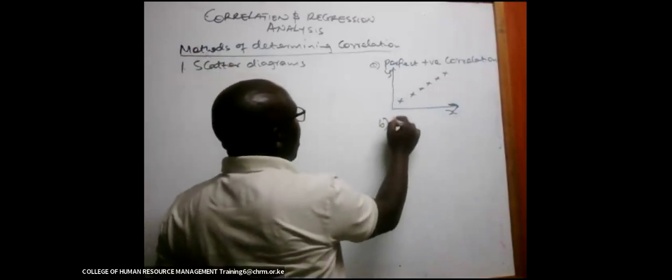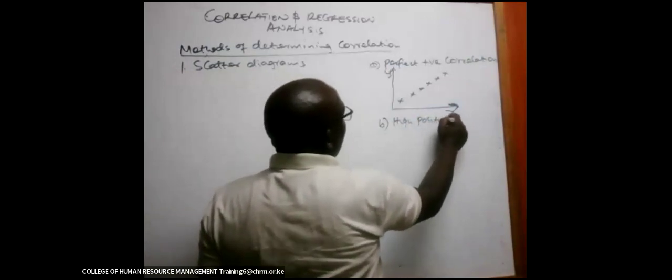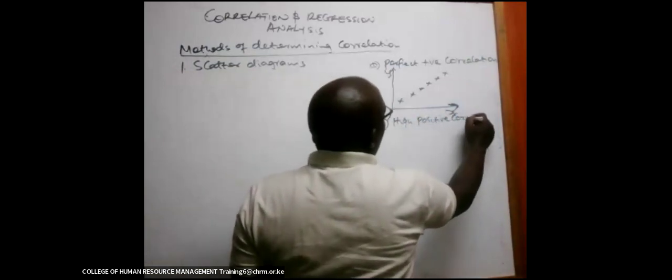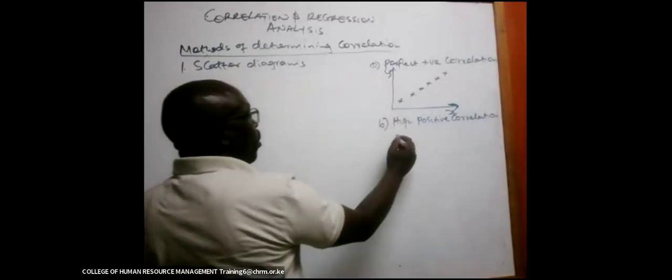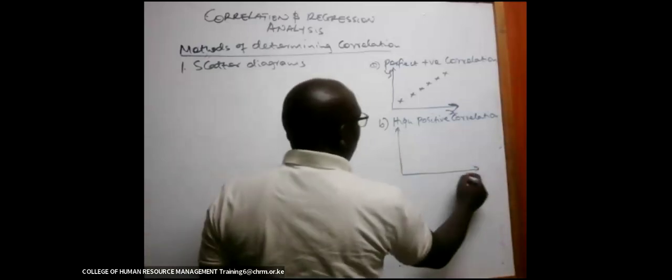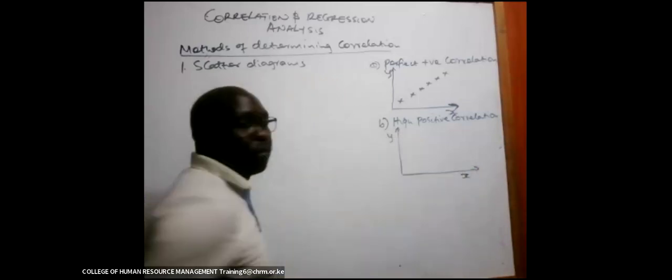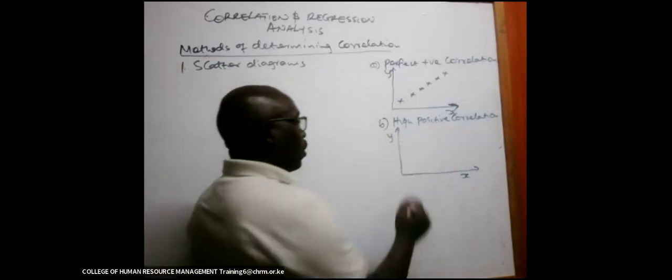B, it is a high positive correlation. A high positive correlation, you'll find that your points will behave like this. They are behaving positively because it's actually a positive correlation.